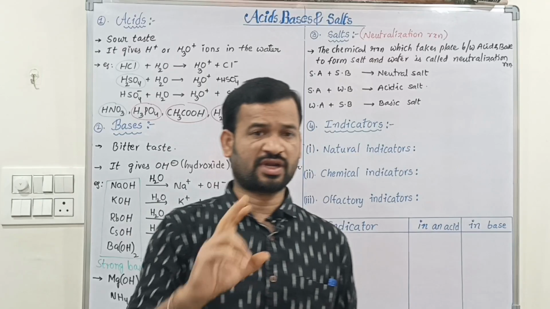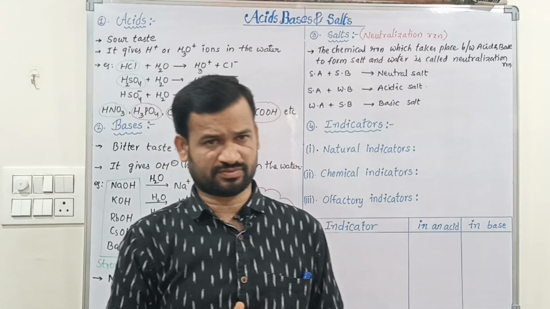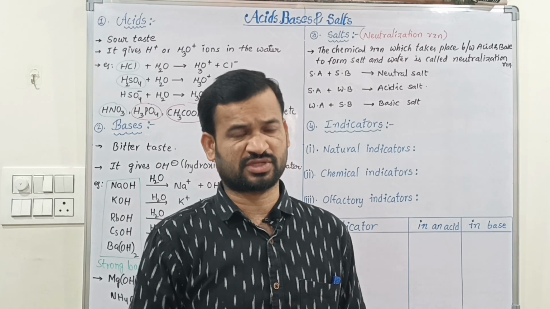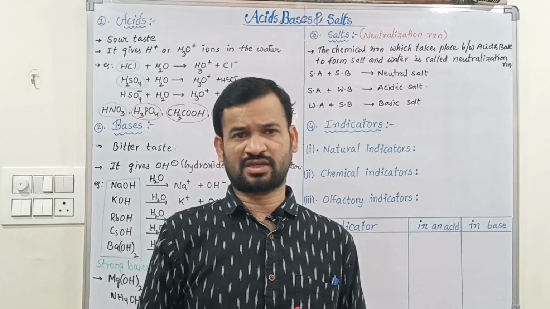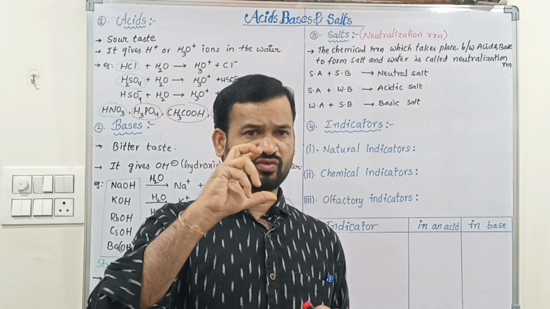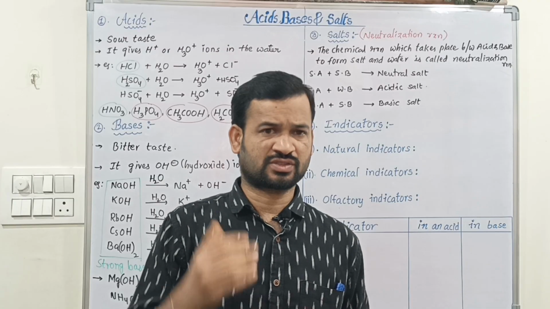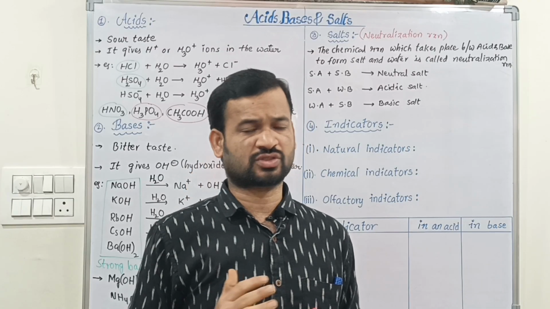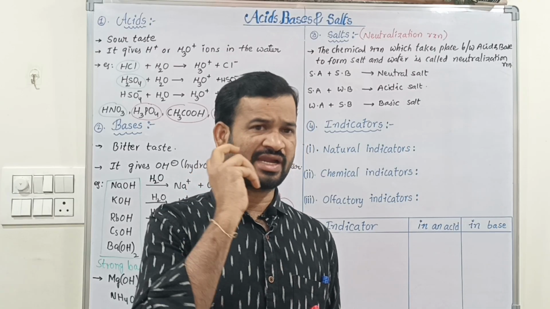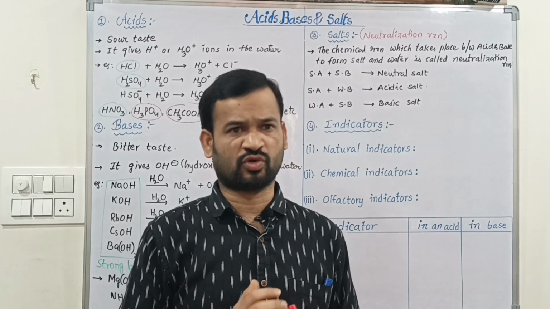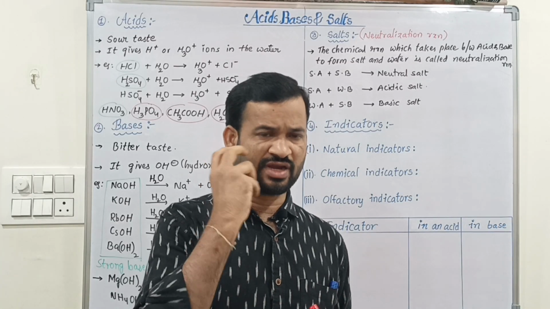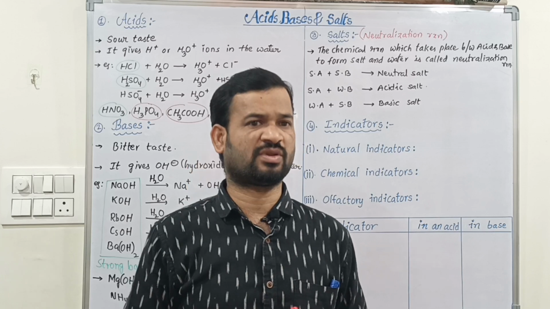Here the hydrolysis of salts concept is there. If both cations and anions are hydrolyzed at an equal rate, then we will get a neutral salt. If the rate of hydrolysis is more for the cation, then an acidic salt will be formed.